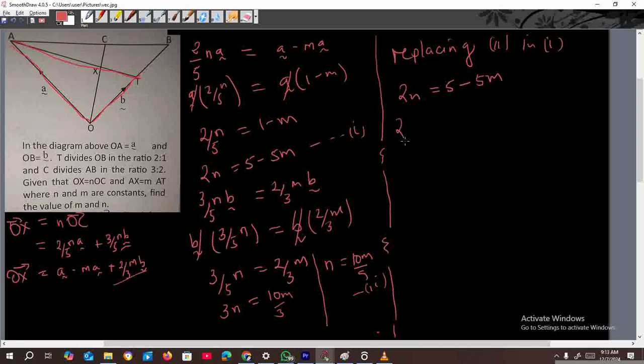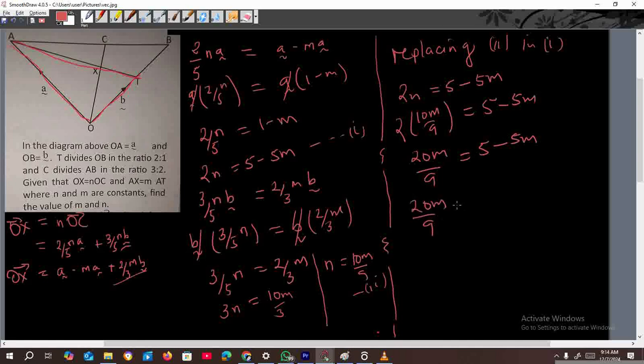So it will be 2 into 10M over 9. That will be the same as 5 minus 5M. This will give us 20M over 9 is the same as 5 minus 5M. Move this to the left hand side to be 20M over 9 plus 5M be the same as 5.